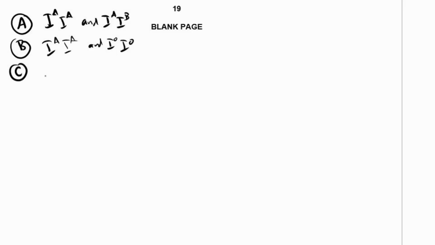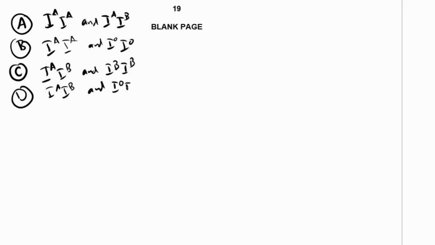C had IA, IB, and IB. And D had IA, IB, and IO. So what we're looking for is the cross that will make it so that all of the offspring will have different blood groups from the parents.